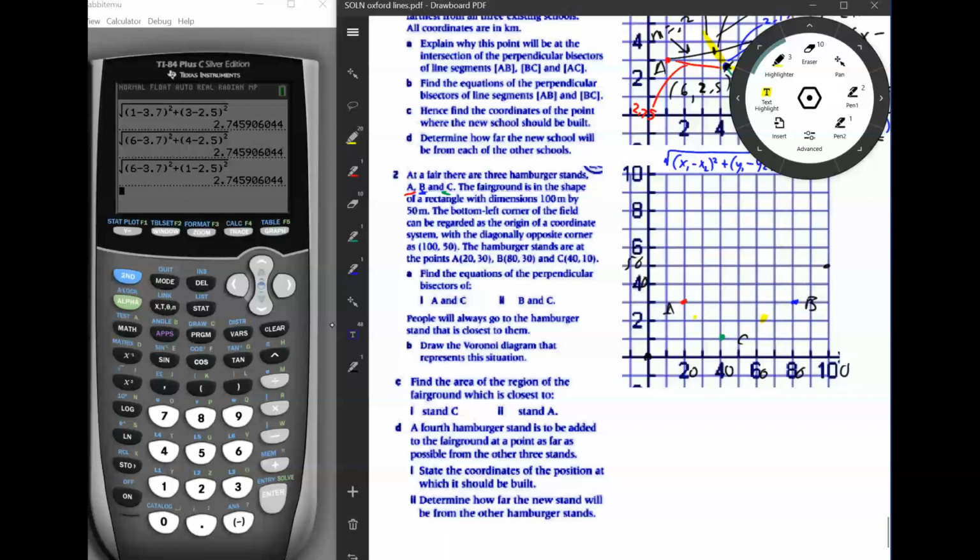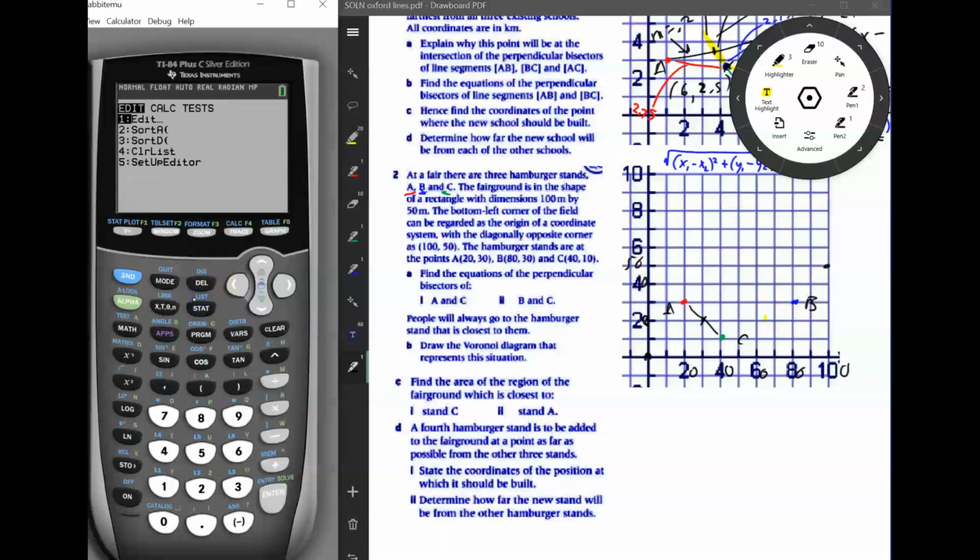First thing we're going to do is find the midpoint between AC. Okay, midpoint between AC looks like it's going to be 30 comma 20, right? So let's make sure by doing it in the calculator. We're going to put the coordinates for A and C in the calculator in stat edit.